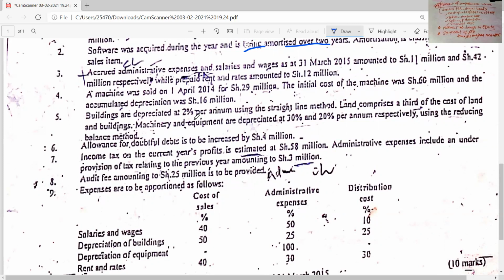For reducing, to get the depreciation for the year, you have to net accumulated depreciation from the cost. So you take the cost of the asset, you minus accumulated depreciation of that asset. After getting your figure, you multiply with the percentage you are given in order to determine depreciation for the relevant year.